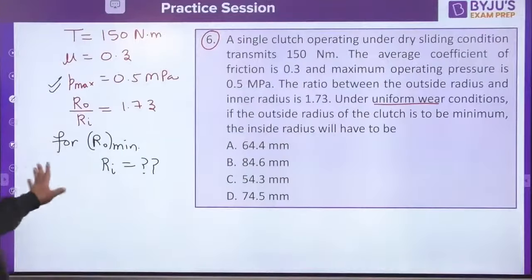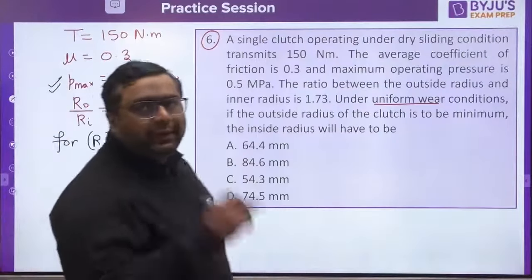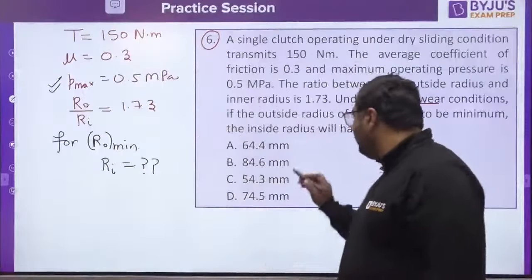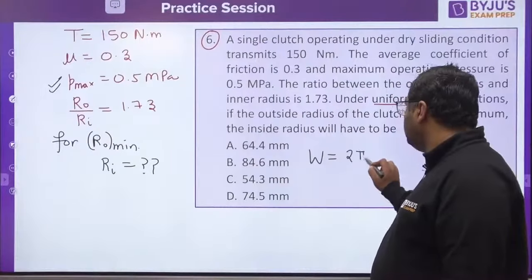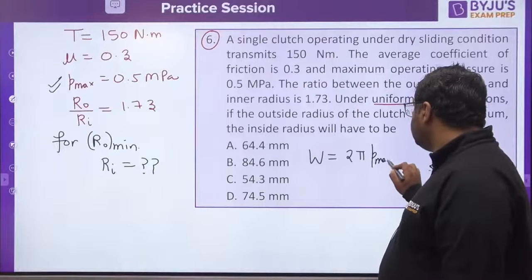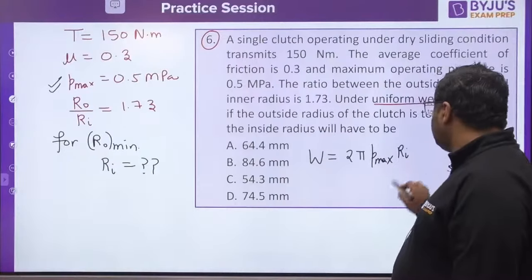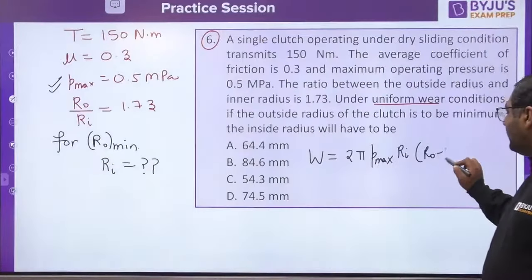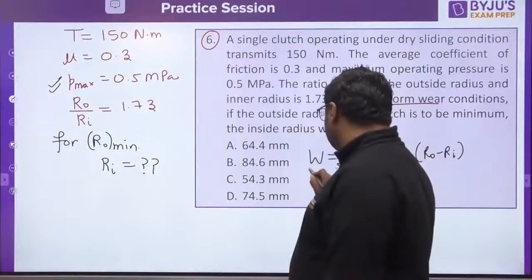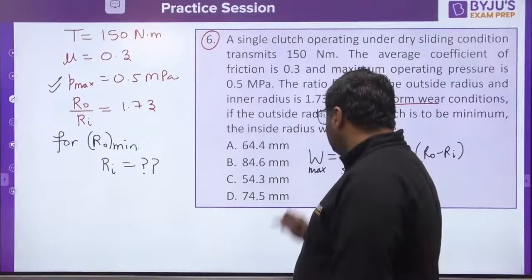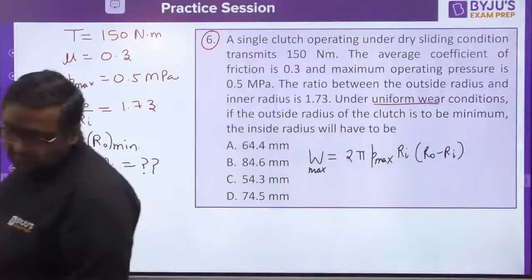Okay. So once again, you need to repeat what we have seen previously. So you know, I feel the load value is 2 pi P max RI, R naught minus RI. This is the load value.